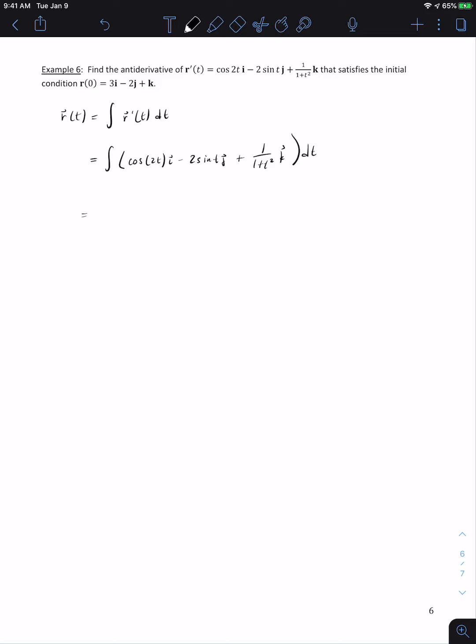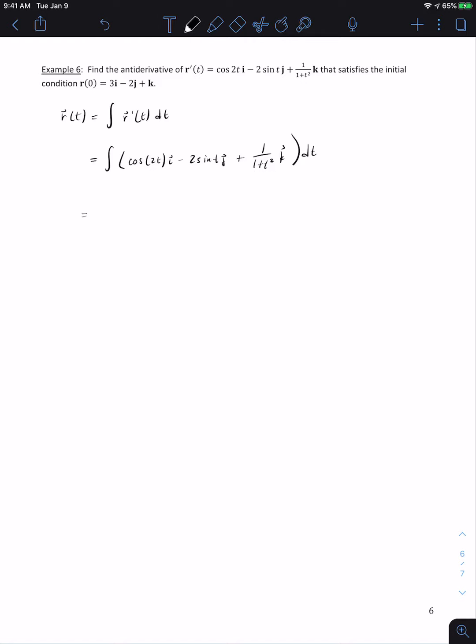And in this case, I'm also going to distribute it like in the last problem, because when I take the antiderivative of each of these pieces, each is a real valued function, so each component will have its own plus c.